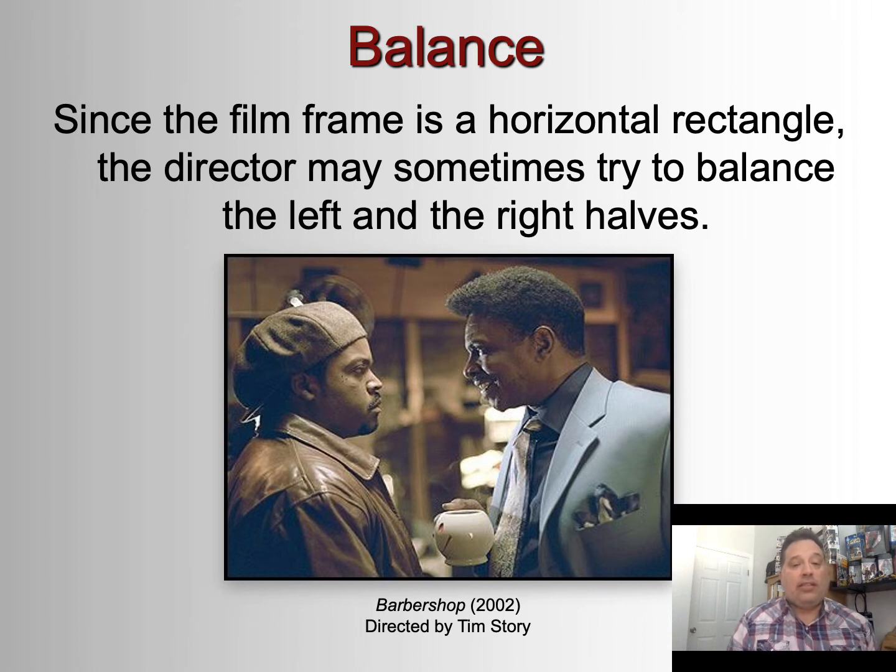And so what is this meant to convey? It's meant to convey that the actor on the left, at least at this point in the film, has more power, right? He takes up a little bit more than his share of space. He's looking down on the other character. So the framing here and the balance is used, again, to express story and relationship between these characters.